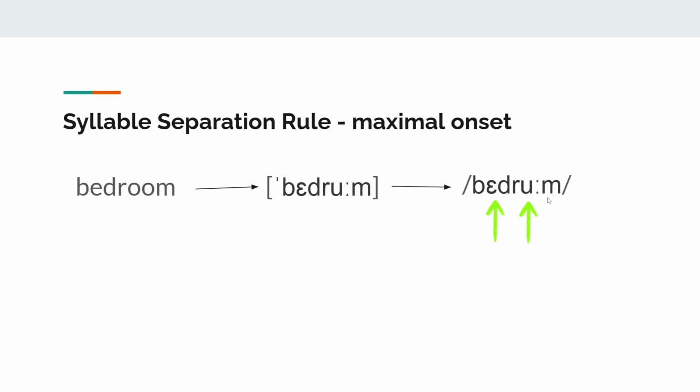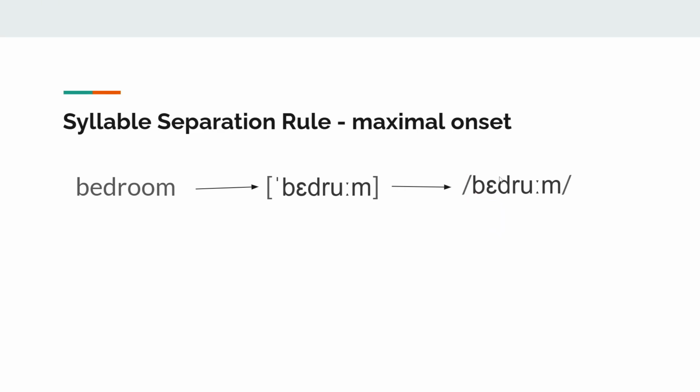Here we must decide which consonant belongs to which syllable. And here we follow the rule of maximal onset. This means when we decide which consonant belongs to which syllable, we must make sure that the onset is the biggest for both syllables. So for the first syllable, it is easy because it only has one onset.